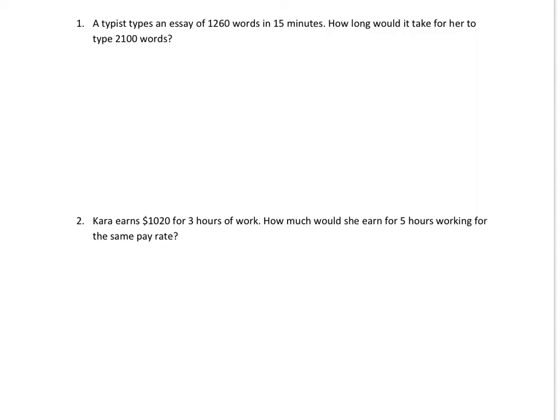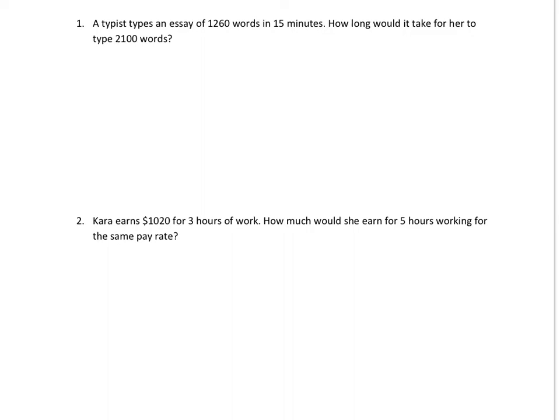So number 1 says a typist types an essay of 1,260 words in 15 minutes. How long would it take for her to type 2,100 words? So I said we were usually talking about 2 different types of values. In this case, what are my 2 different values or units? Words and minutes, right?